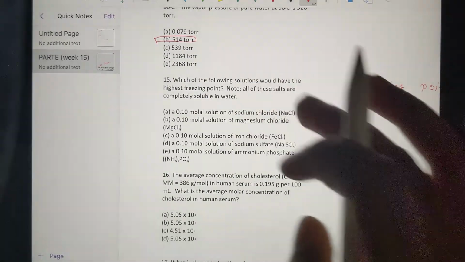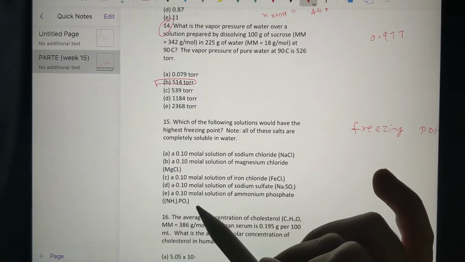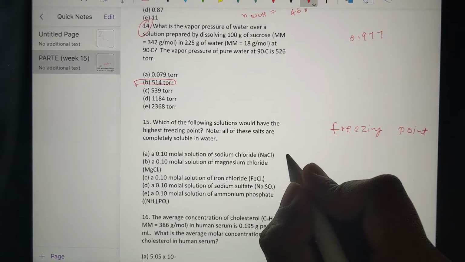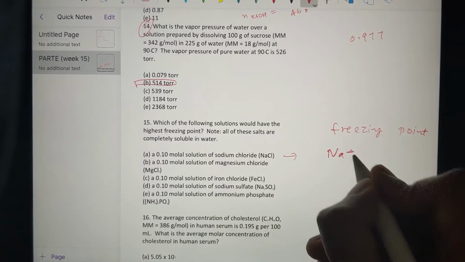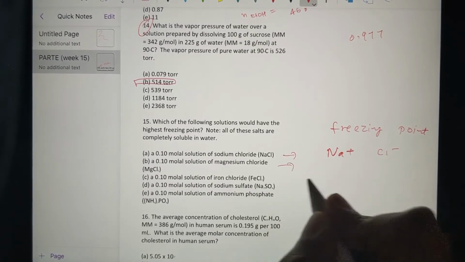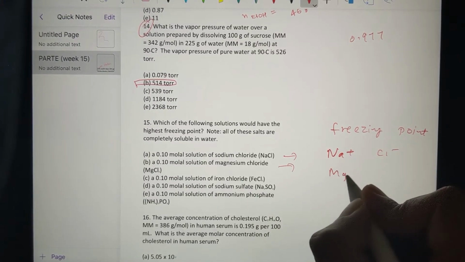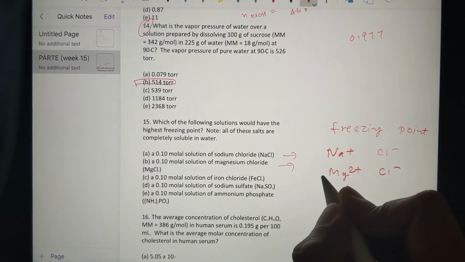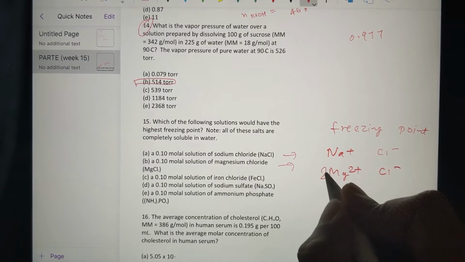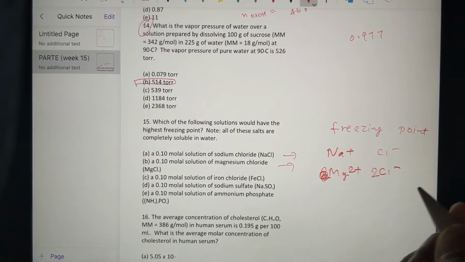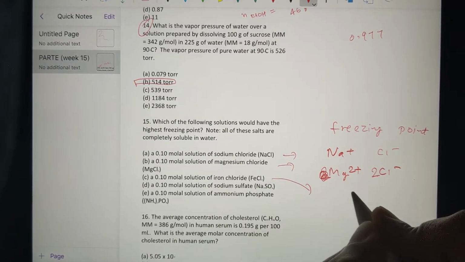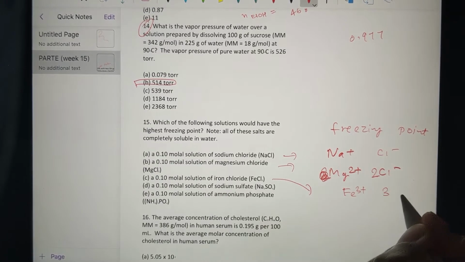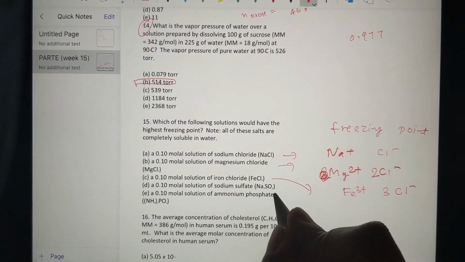So okay, all of them have the same concentration, but the way they dissociate is going to be different. So first one is going to dissociate as Na plus Cl minus. This one is Mg2 plus Cl minus. And this one is going to be Fe3 plus 3Cl minus.